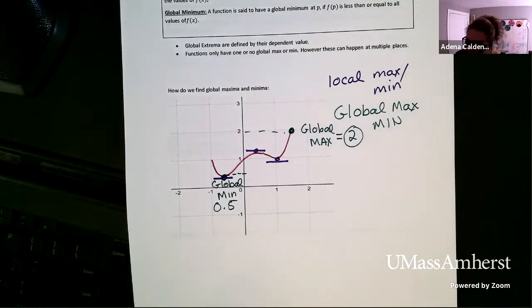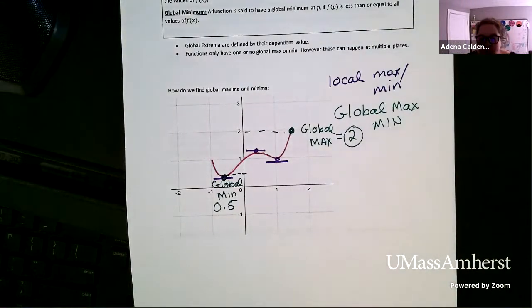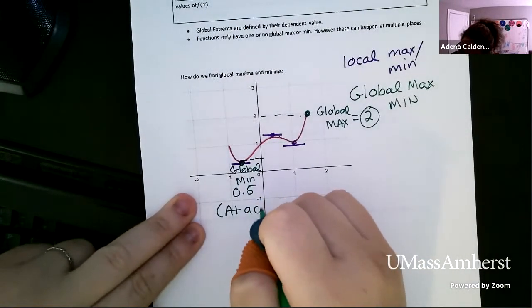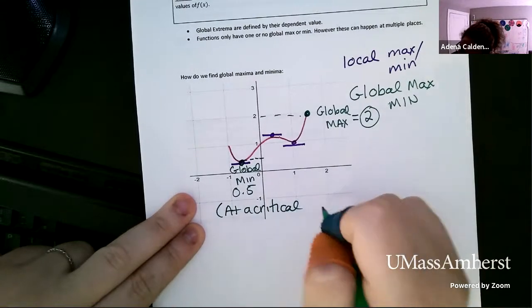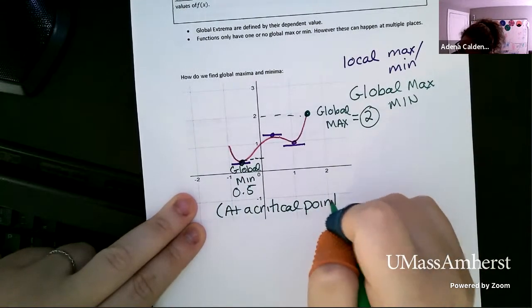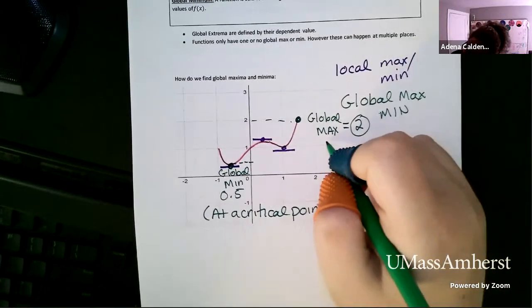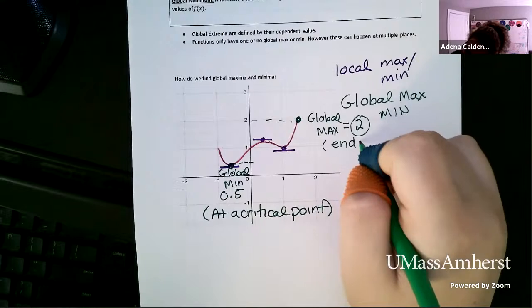And so I want to draw your attention to where these things happen. Let's start with the global minimum. The global minimum happens at a critical point, okay, whereas the global maximum happens at an end point.